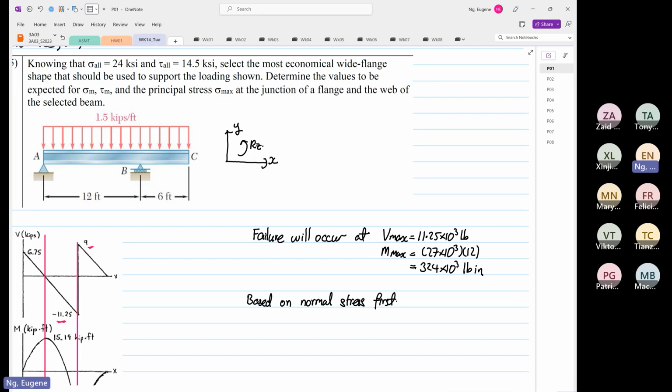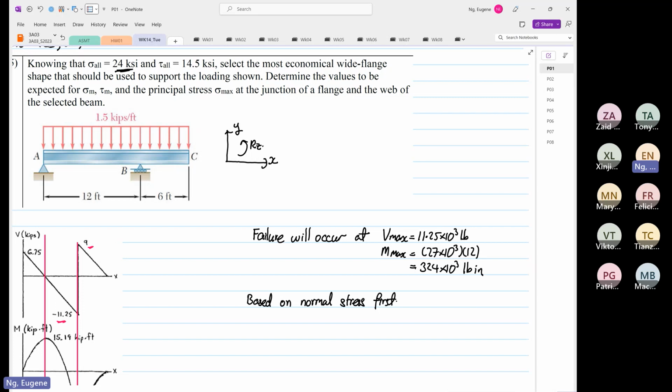This is the material we have selected already. So our bending will be based on 24 times 10 to the power 3 first. But some of you might tell me, Eugene, this is a combined loading, right? Absolutely true. This is a combined loading situation. That's why later on we have to check, did we exceed the maximum principal stress? So for now, not yet.